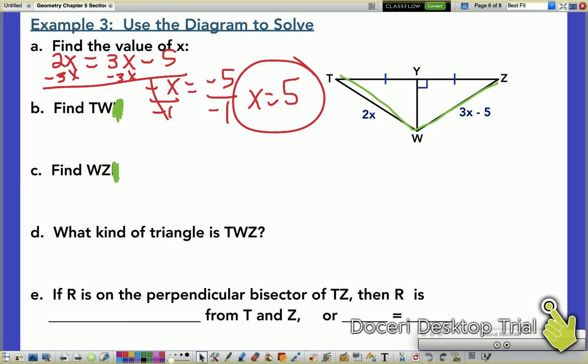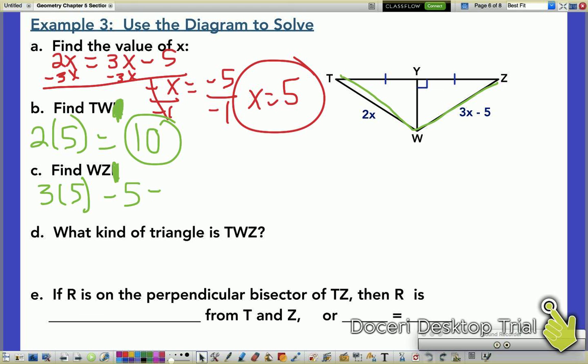Okay, so 2 times 5 is 10. 3 times 5 minus 5 is 10. Perfect. So what kind of triangle is TWZ?